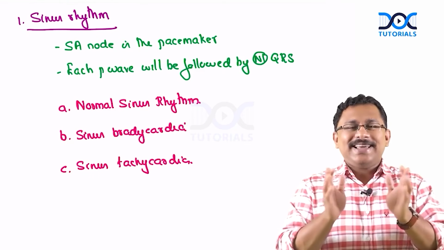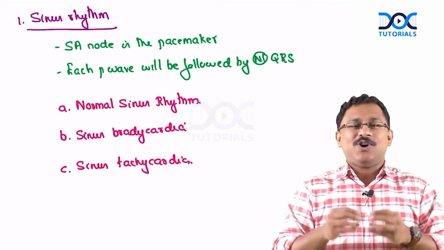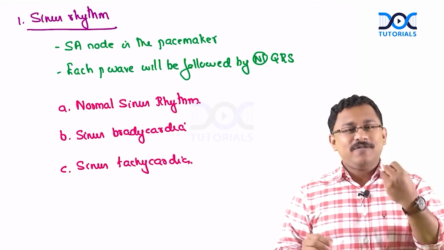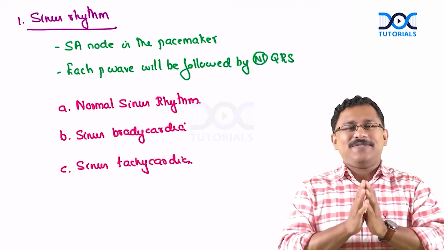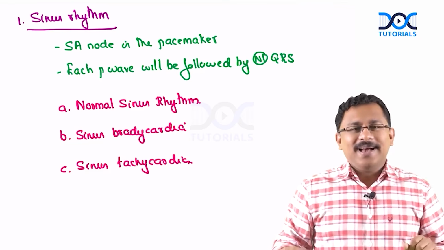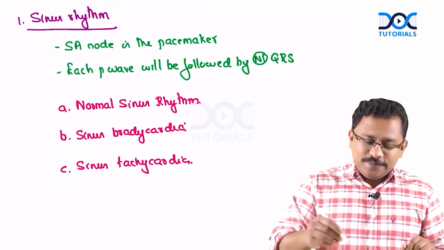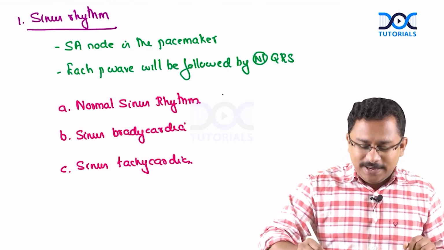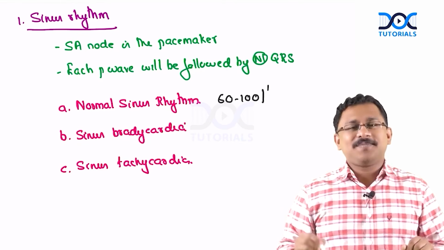Now why is there such a subdivision? This subdivision is based on the rate of depolarization, that is the rate of ventricular depolarization, because you have the impulses coming from the conducting system. For normal sinus rhythm, the rate will be 60 to 100 per minute.